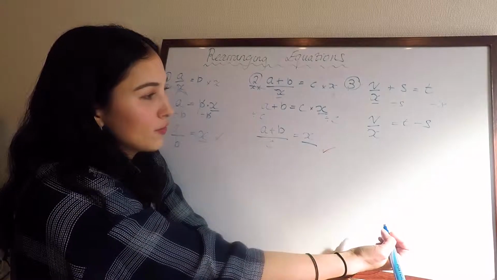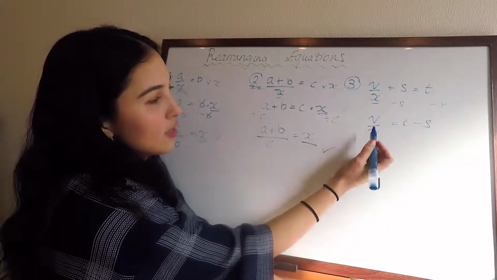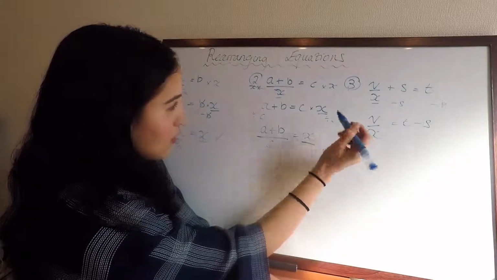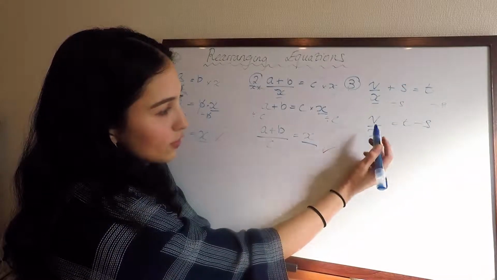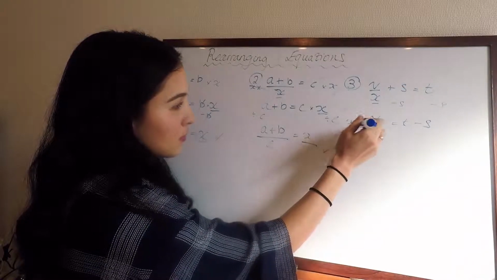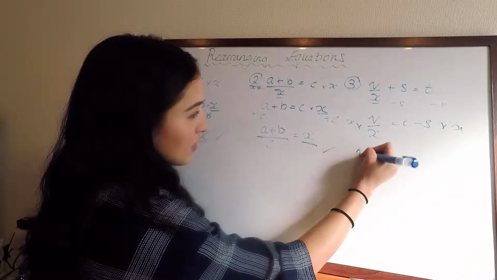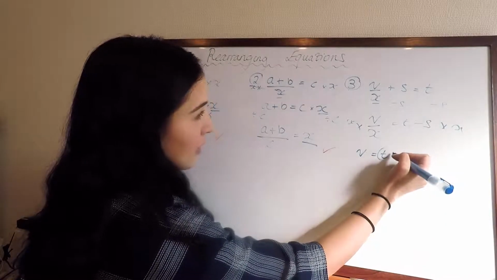From here we have a similar situation to all these other ones. We have x as a denominator by itself. So this means we want to times both sides by x, because we want the x up on the top, because it's more useful to us that way.